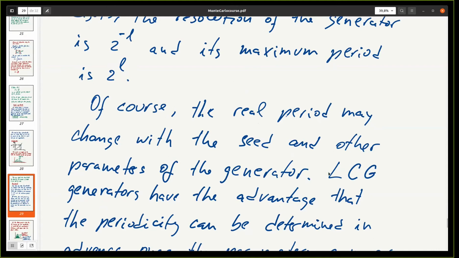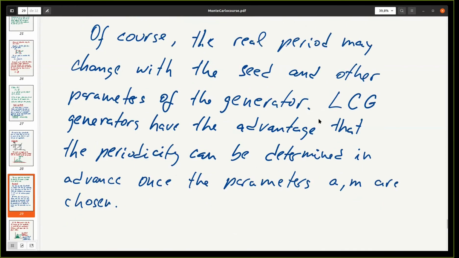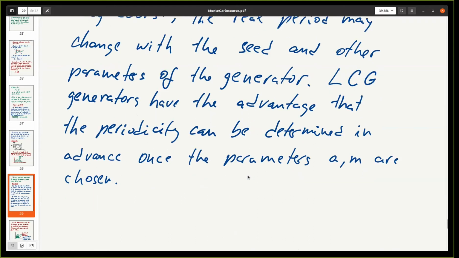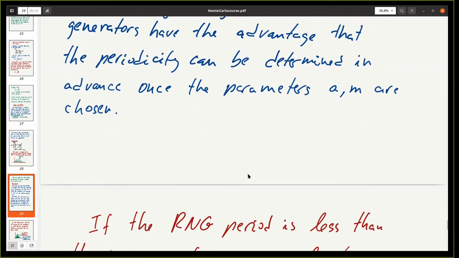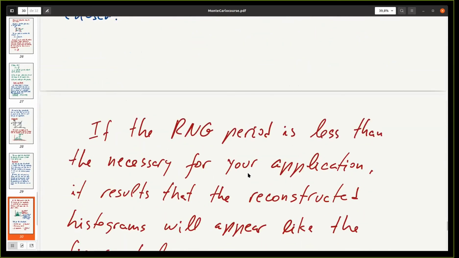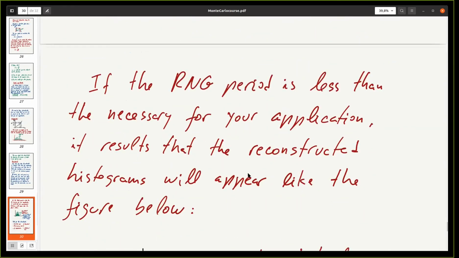You have to test. Fortunately, the LCG method of generating random numbers gives you the periodicity of the series once you have the parameters A and M, so you can calculate it beforehand. So it's good to check that in your applications.